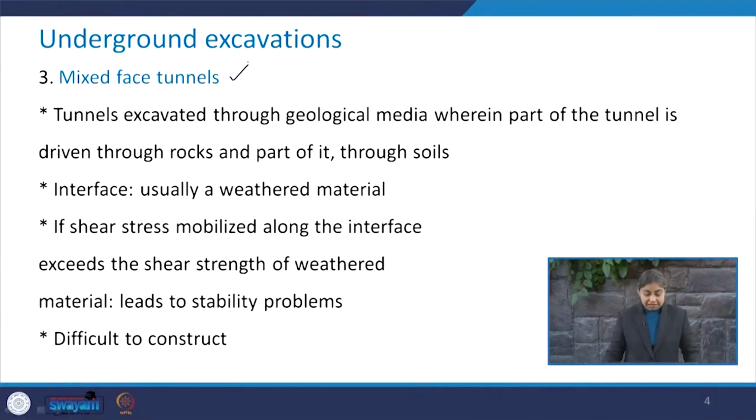Then you have the third one, which is the mixed phase tunnels. Till now you have seen that either it was through rocks or through soil or soft rocks, but in this case tunnels are excavated through geological media where part of the tunnel is driven through rocks and part of it through soils.